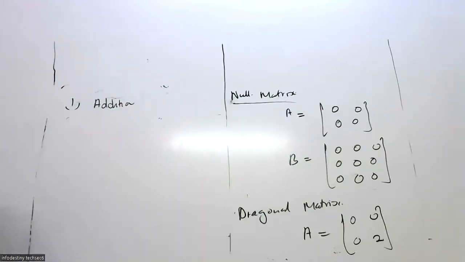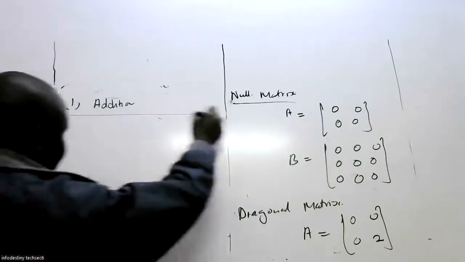Now, continue. The matrices are added together. This is only possible if the two or more matrices are of the same order. Now let's try to look at an example.